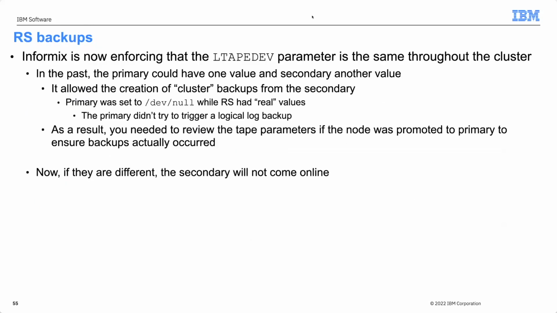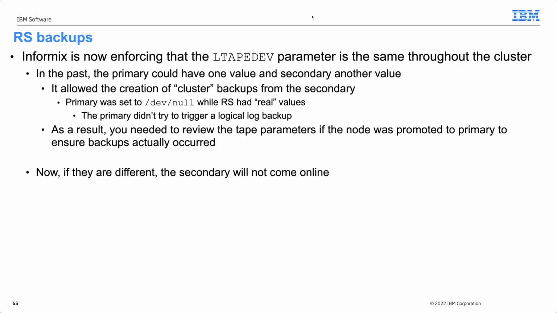The other big change that occurred in FC8 was that Informix is now enforcing that the LTAPEDEV parameter is the same throughout the cluster. In the past, you could have LTAPEDEV set to whatever you needed on the primary, and all of your secondaries could be set to whatever you wanted. /dev/null, /dev/food, it didn't matter.